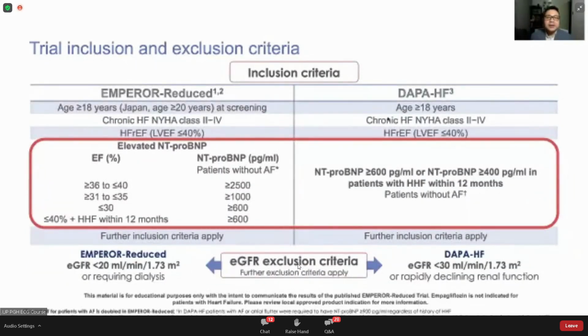Comparing this to the DAPA-HF, you would see that the EMPEROR-Reduced study enrolled a higher NT-proBNP cutoff for these patients. And atrial fibrillation was excluded or not included in the DAPA-HF trial.